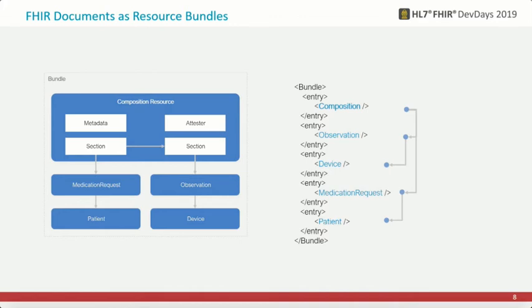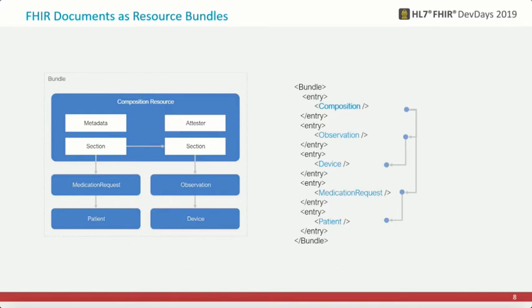It has the ability to hold the attester, the person that's signing the document as well. And then in these sections, you've got references to other resources, such as medication requests for prescriptions, observations, devices, the patient resource itself. So all those are referenced from the composition resource.